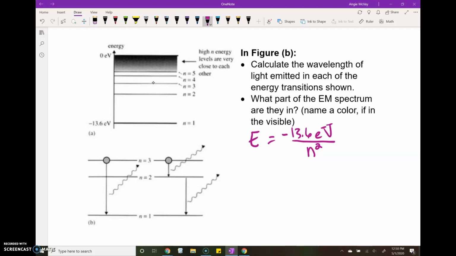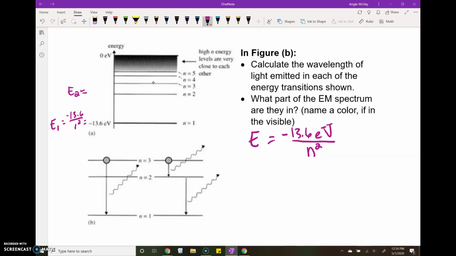Okay, so for the ground state, we can call this n equals 1, so E sub 1 is equal to negative 13.6 divided by n equals 1 squared, and we get negative 13.6 electron volts. We do the same with n equals 2, energy at the second orbital.